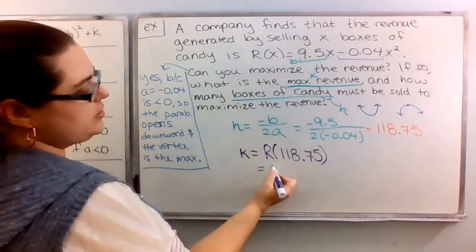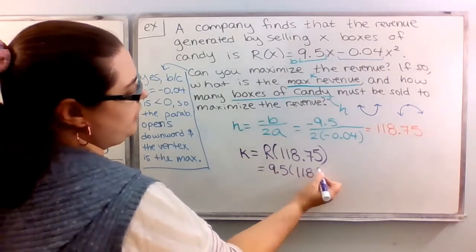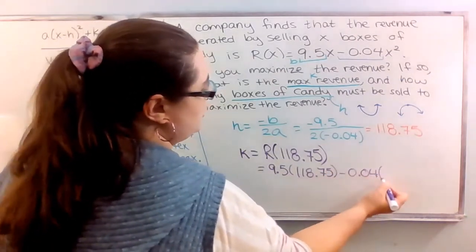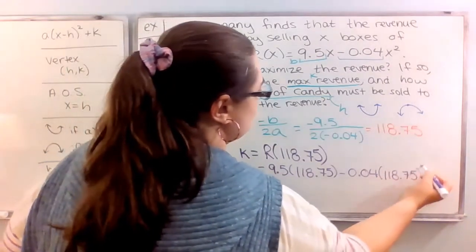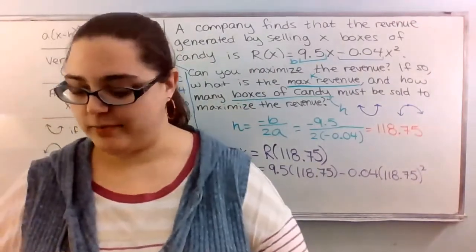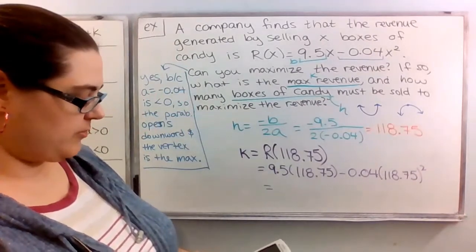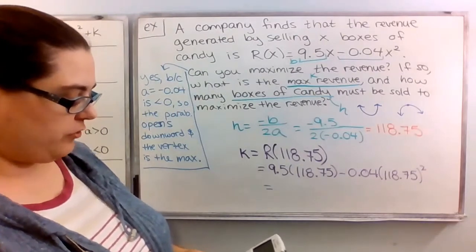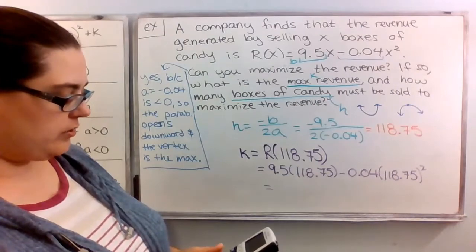So this will give us 9.5 times 118.75 minus 0.04 times 118.75 squared. And this time for sure, I'm going to want my calculator to help me here. So 9.5 times 118.75 minus 0.04 times 118.75 squared.